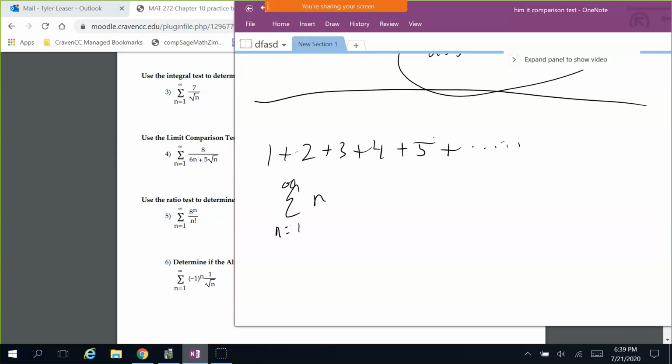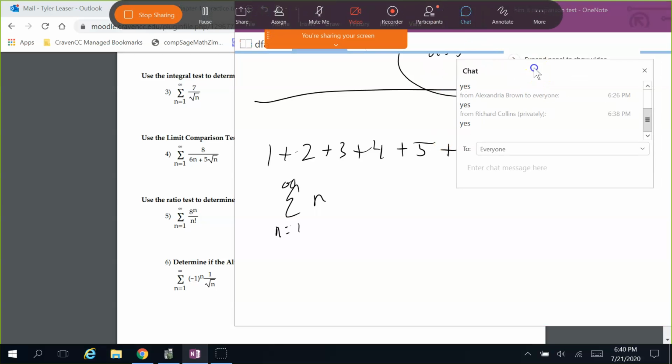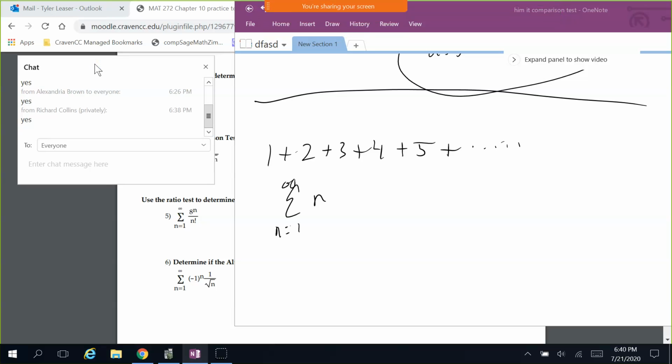So what do you guys think? 1 plus 2 plus 3 plus 4 plus 5 forever and ever and ever. That as a series, does it converge? If so, what does it converge to? I know this is new.